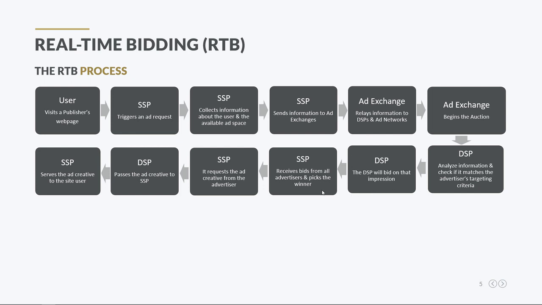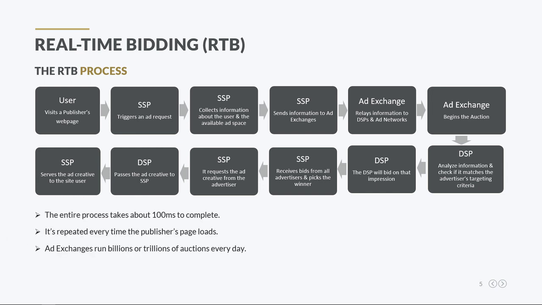It's worth mentioning that during the auction, hundreds of DSPs and ad networks may bid for that single impression. What happens next is that the supply-side platform receives all bids and picks the winner based on the highest bid. Next, the SSP requests the ad creative from the advertiser. Finally, the advertiser's DSP passes the ad creative to the publisher's SSP, which then serves it to the user.